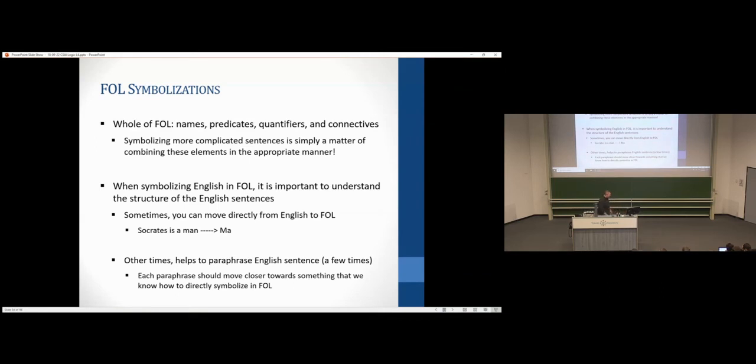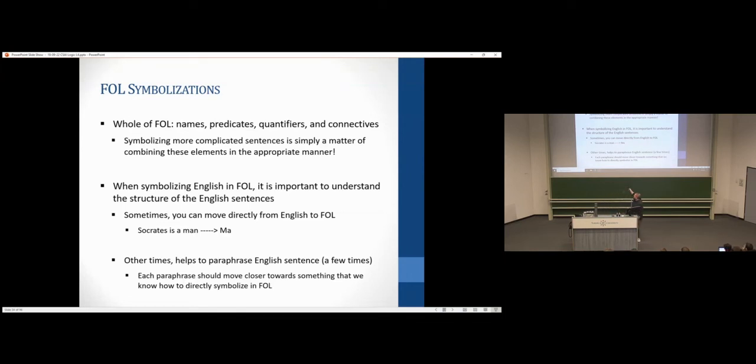And symbolizing is simply putting these things into the right order to get out the thing we want. The way we're going to do it, the most helpful thing I can suggest, is again to paraphrase English. To find ways to take the English, keep the same meaning, and turn it into something you know how to directly map.